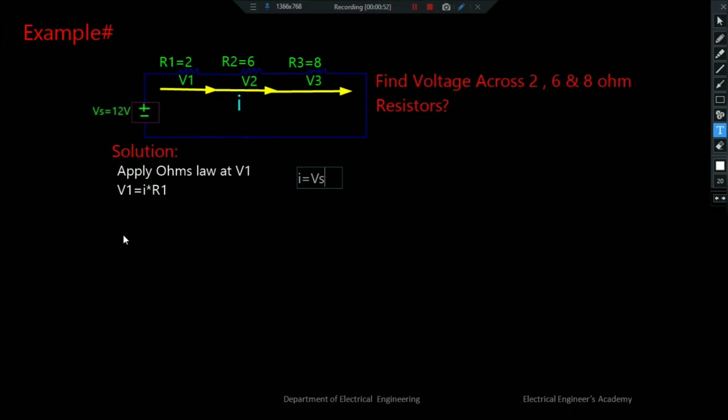So firstly I find the value of I so that our solution becomes simple. I is equal to Vs divided by R equivalent. I write R equivalent because in series the current is the same across all resistances. So here we add all the resistances. R equivalent is equal to, in series resistances are added, R1 plus R2 plus R3, which is equal to 16 ohm.